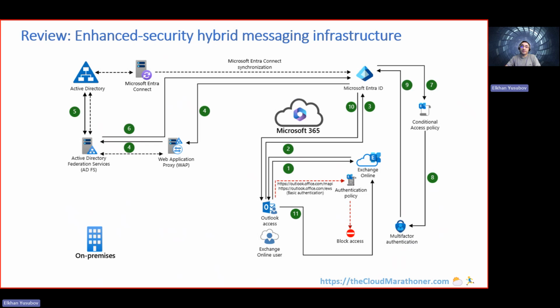There is Exchange Online, Exchange Online connected with Active Directory Federation Services, Exchange on-premises, and Exchange on-premises connected to Active Directory Federation Services. In this diagram, the black dashed lines basically show the interaction between local Active Directory, Microsoft Entra Connect, Microsoft Entra ID, and Active Directory Federation Services with the Web Application Proxy component.